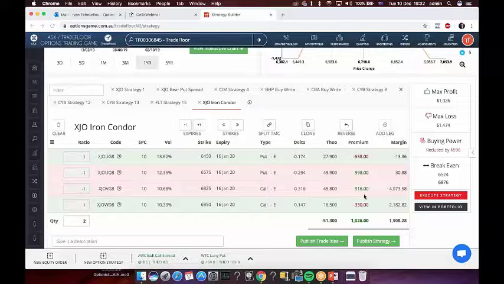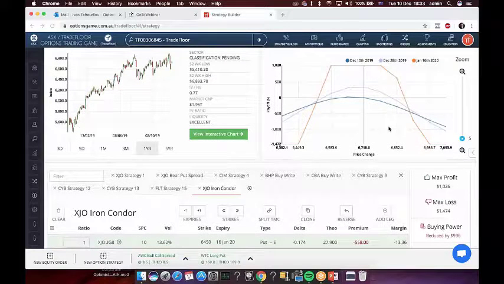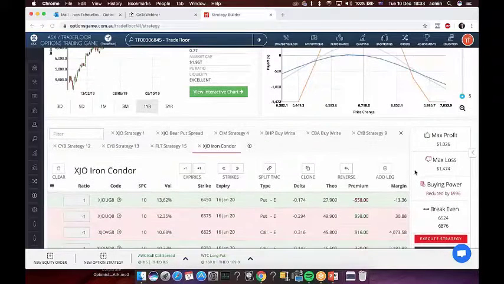Question is, how does getting into the orange slope affect margin availability? It depends on the different strategies. So in the case of an iron condor, the best way to look at any kind of margin scenario is really to look at the maximum loss. This really comes back to your broker ultimately, but let's look at the ASX margin specifically.